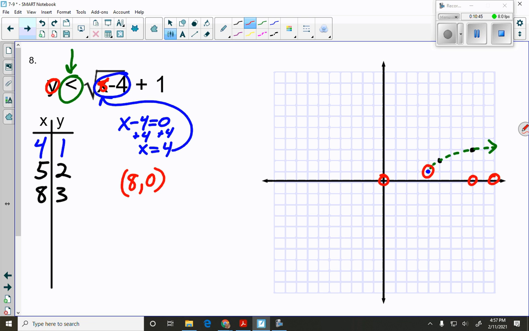I want 8 minus 4 to be a nice square root. 8 minus 4 is 4. Square root of that is 2. 2 plus 1 is 3. So now is 3 greater than 0? True.